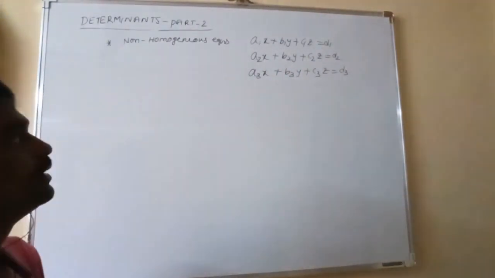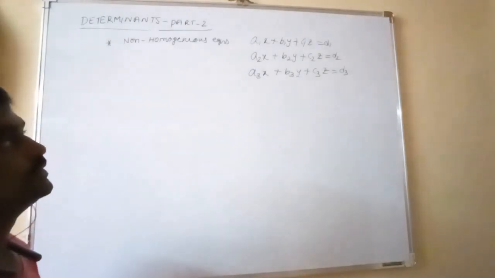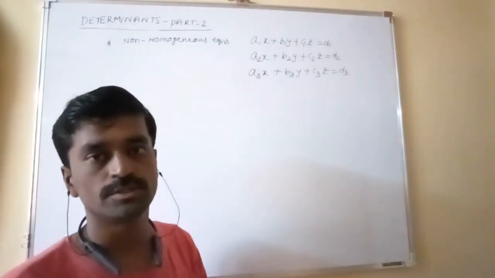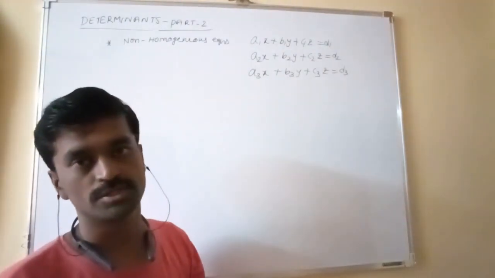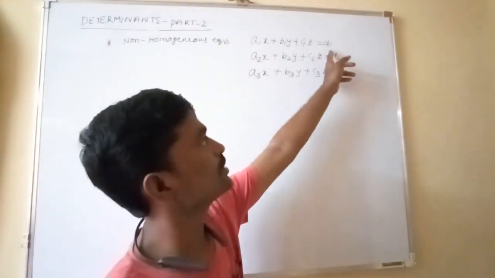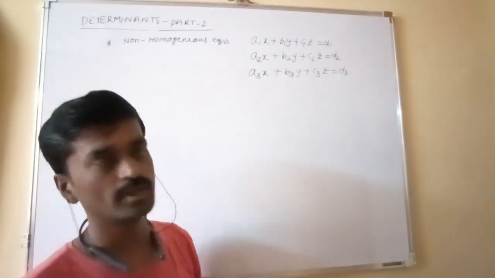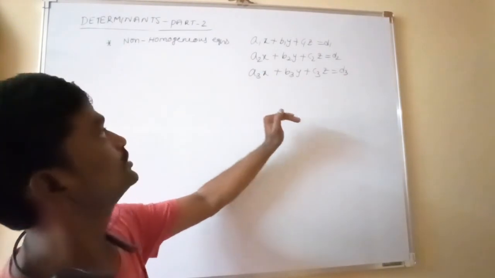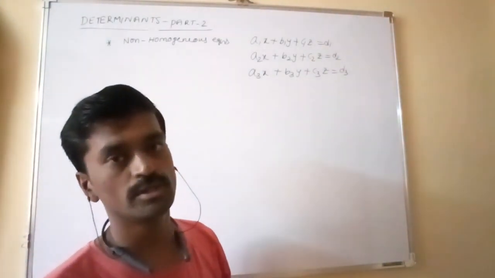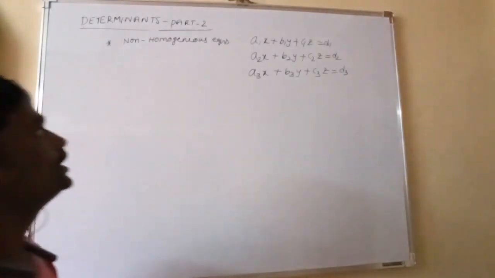If at least one of these three constants is not equal to 0, then the given system is non-homogeneous. Homogeneous means all these constant terms become zeros. Non-homogeneous means at least one of d1, d2, d3 must be not equal to 0.